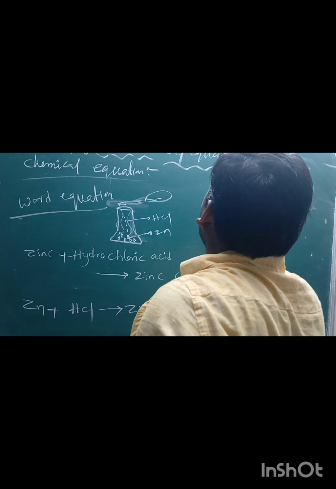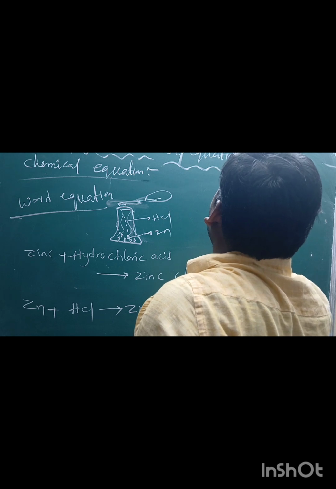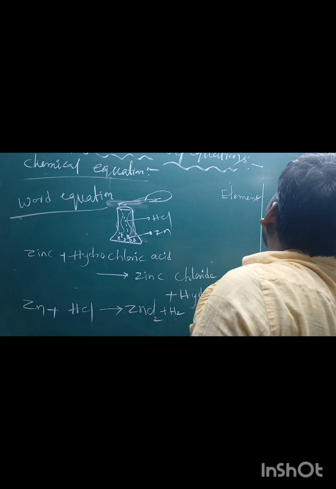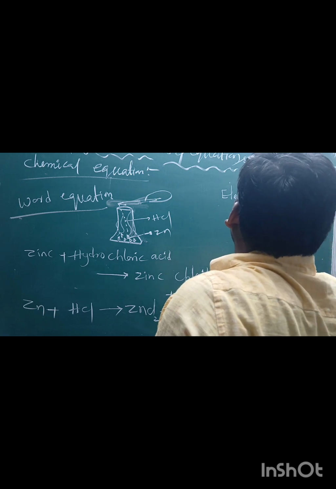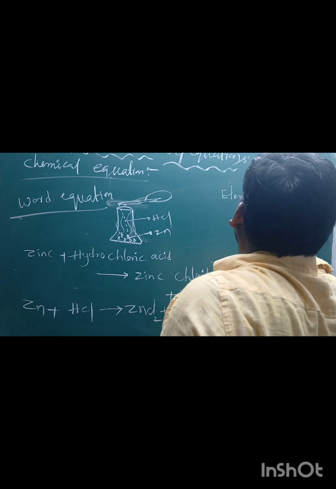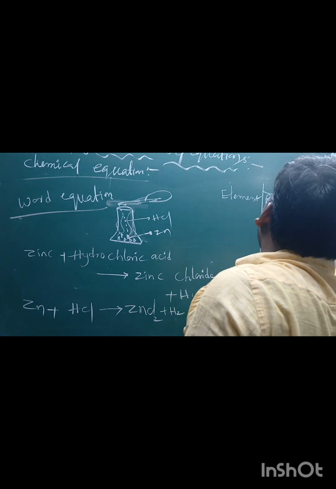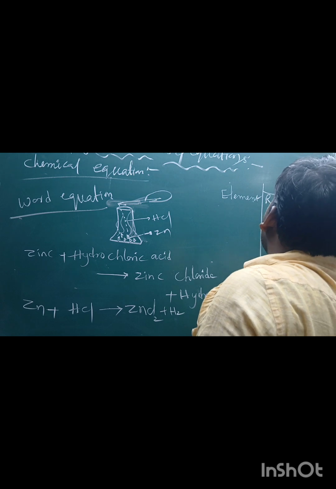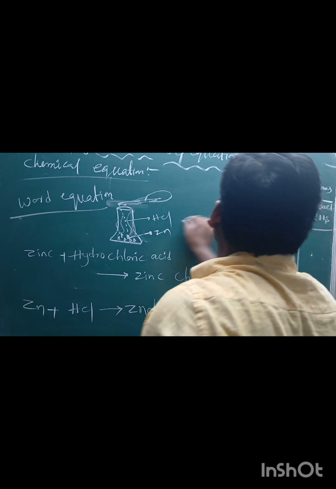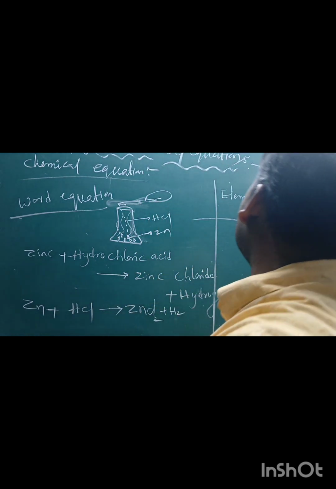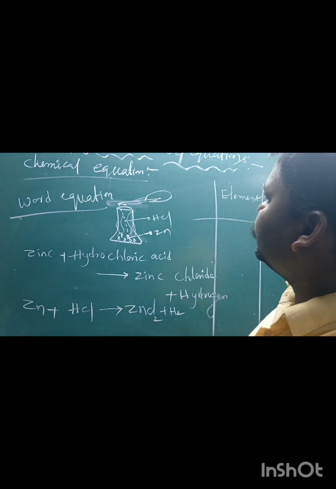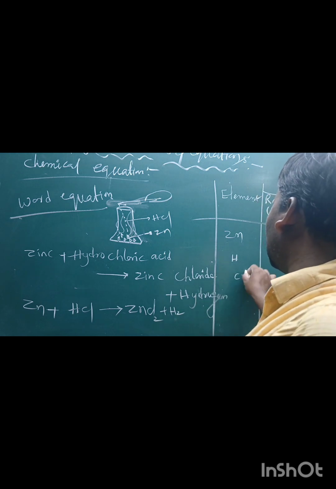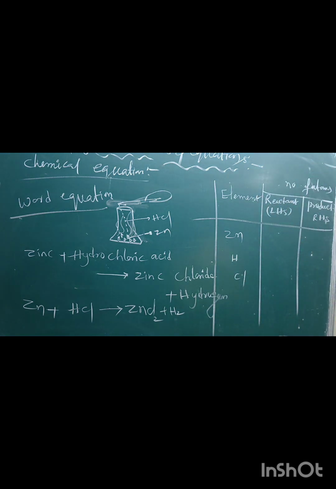To balance the chemical equation, I am writing here: element, number of atoms in reactant side or LHS, and product side or RHS. How many elements are present? Zinc, hydrogen, and chlorine: a total of 3 elements.